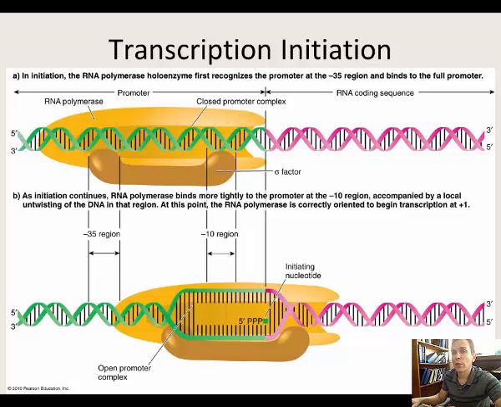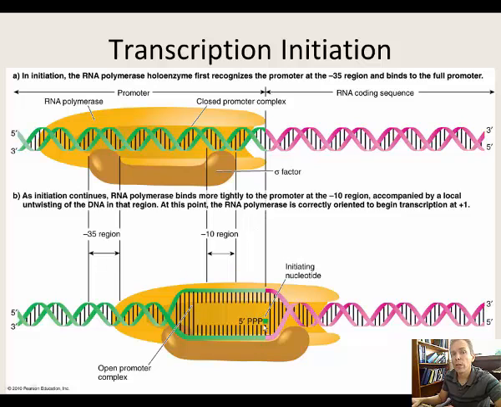Once the holoenzyme is bound, it begins untwisting the DNA at the promoter. RNA polymerase has its own helicase activity. It unwinds the DNA, breaking the hydrogen bonds to result in the open promoter complex.